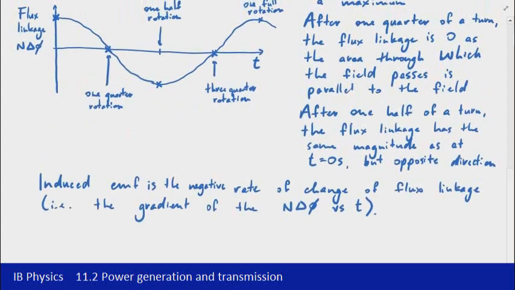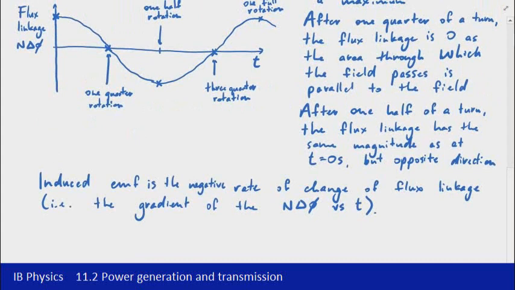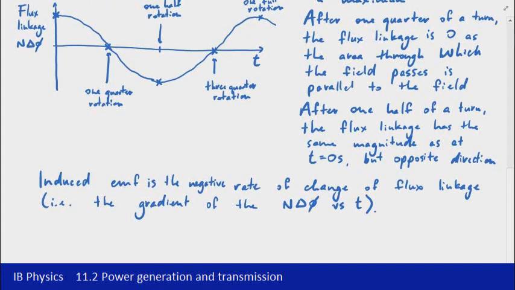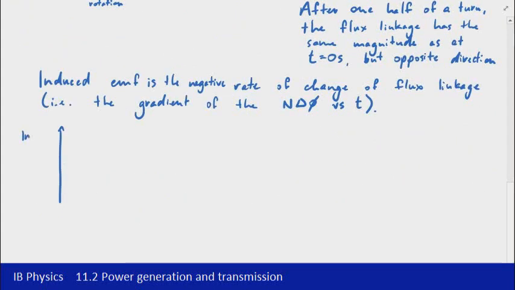So that now means that we can take the graph there of flux linkage and turn it into an induced EMF graph. So we're now going to have induced EMF on the vertical axis, and we'll still have time on the horizontal axis.